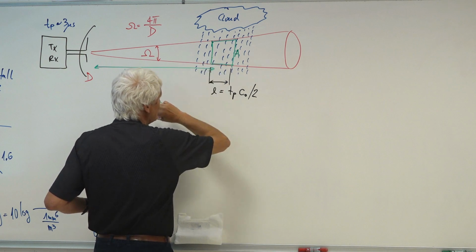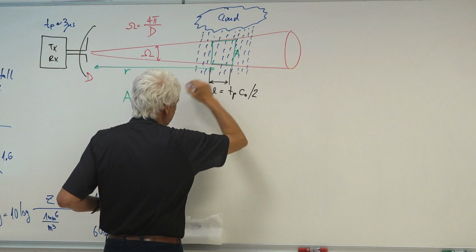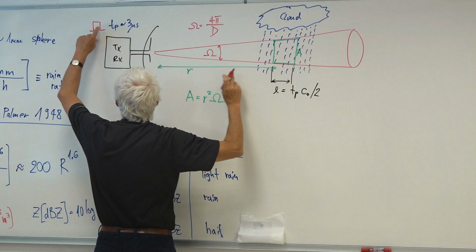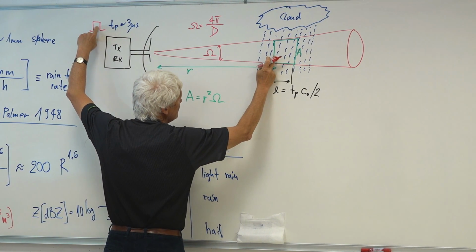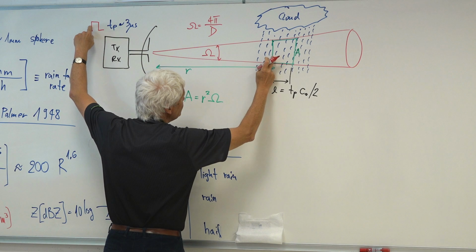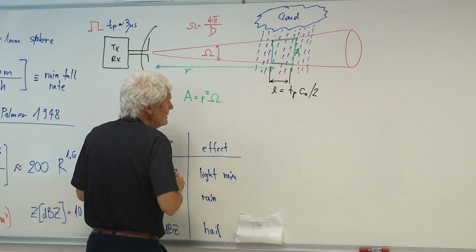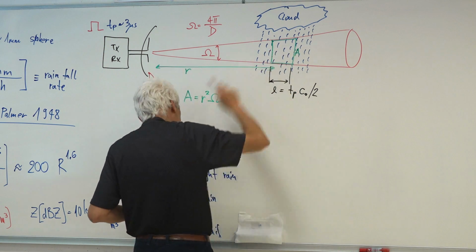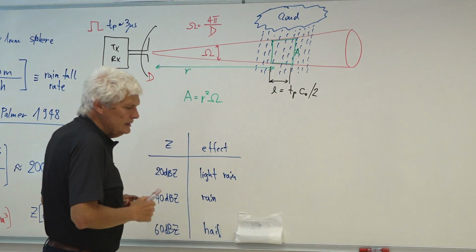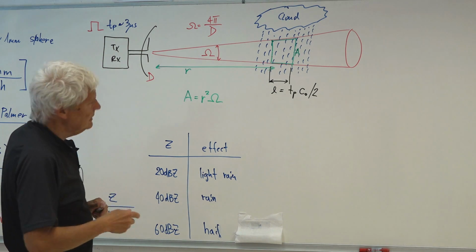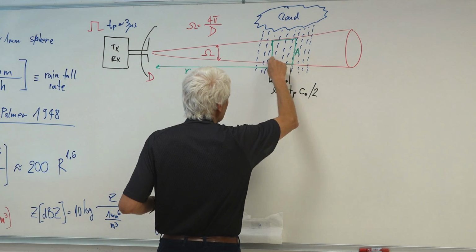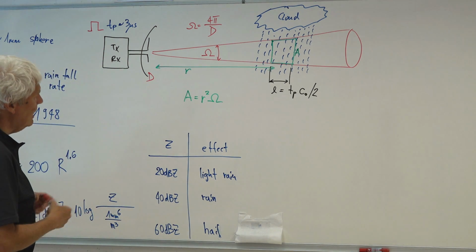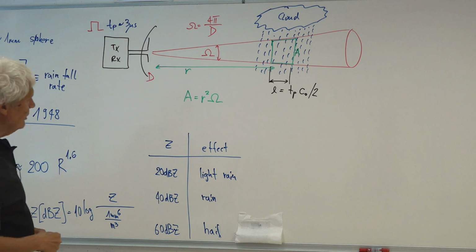The first reflection I get from the pulse, which has a rectangular shape, and the final reflection of these droplets here, need TP half to come up here and TP half to return back. That made the whole timing of the pulse. That's the reason why we have 1/2 here, because it's one way and the other way around, so that they will sum up together. So this is now our calculation for this volume.